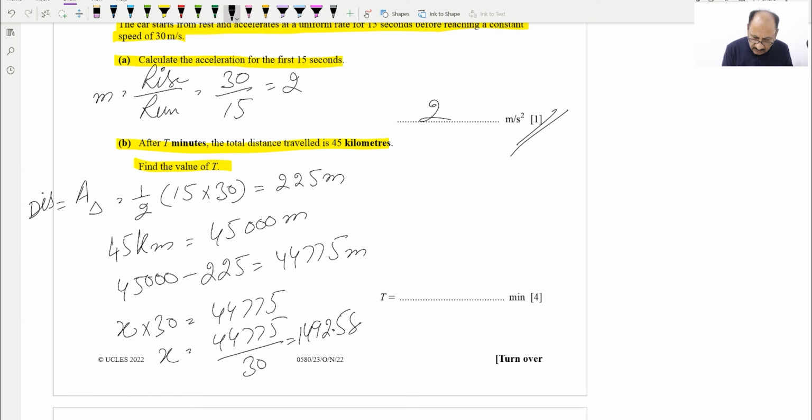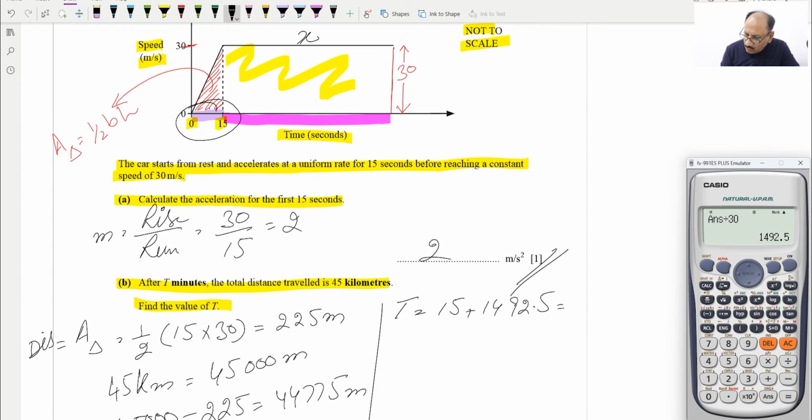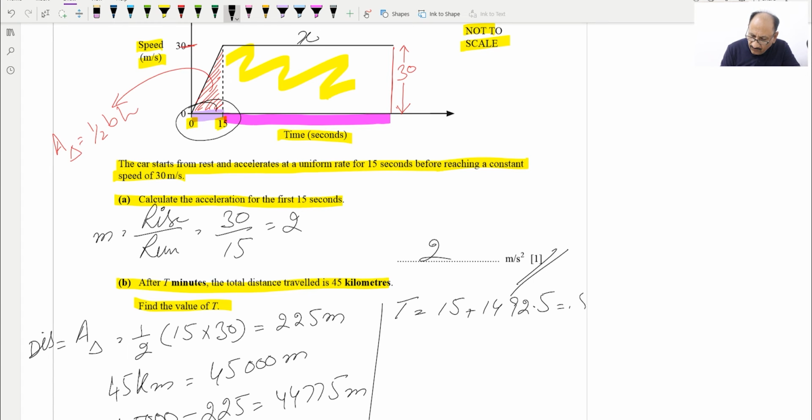Now next what we can do, time t is equal to 15 is already taken, so 15 plus 1492.5, this will give us the total number of seconds, plus 15 is equal to 1507.5.